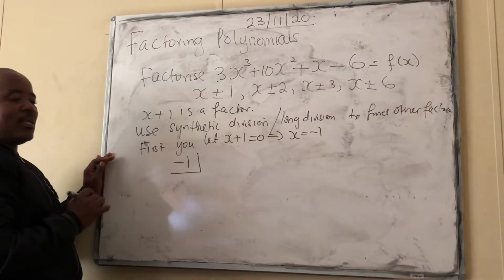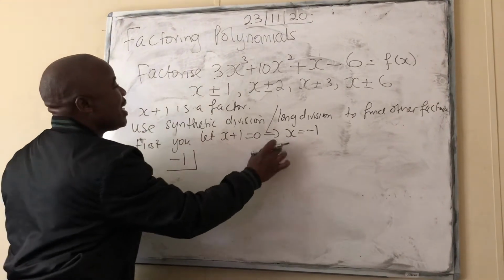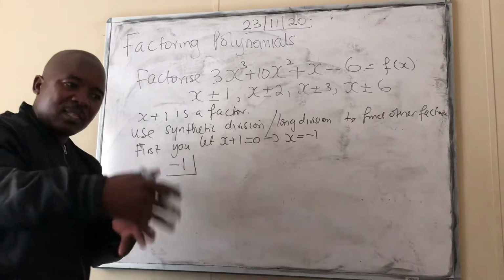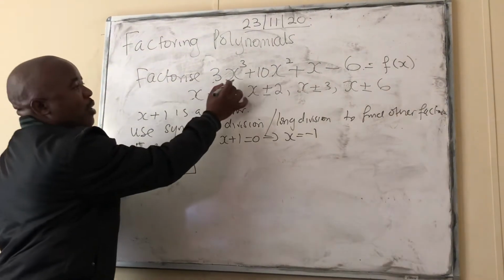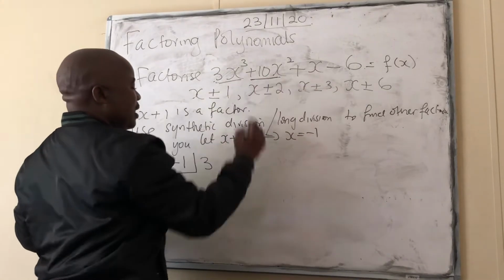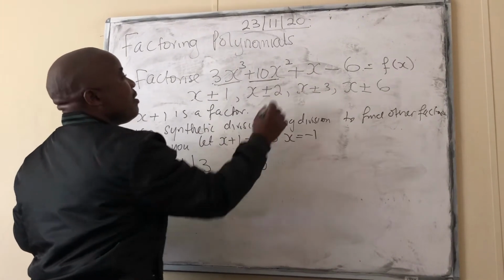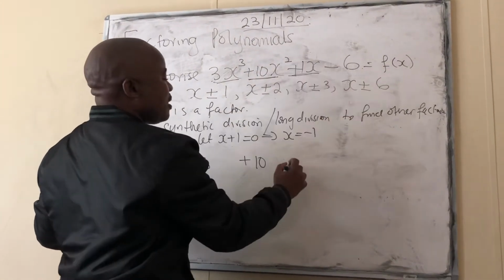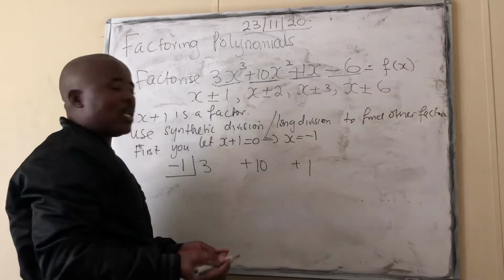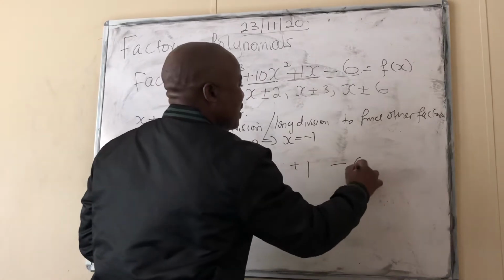And here you place the coefficients in descending order. The first coefficient is 3. The second coefficient is plus 10. The third coefficient is plus 1. The last coefficient, or the constant term, is minus 6.